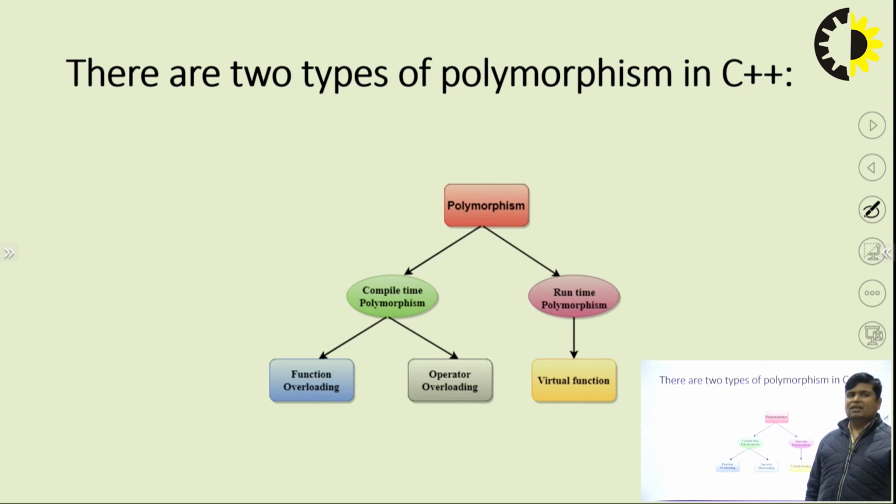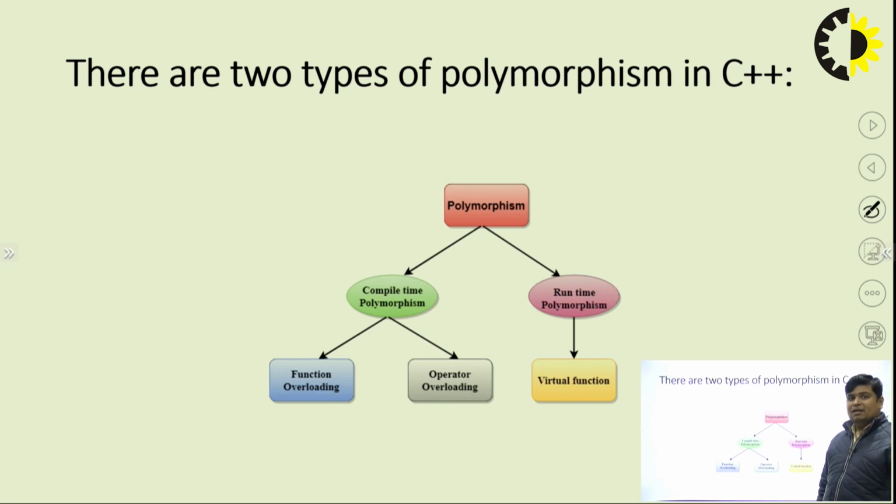But you will see here there are two types of polymorphism in C++. First one is compile time polymorphism and second one is runtime polymorphism. Compile time polymorphism we can achieve with the help of function overloading and operator overloading.